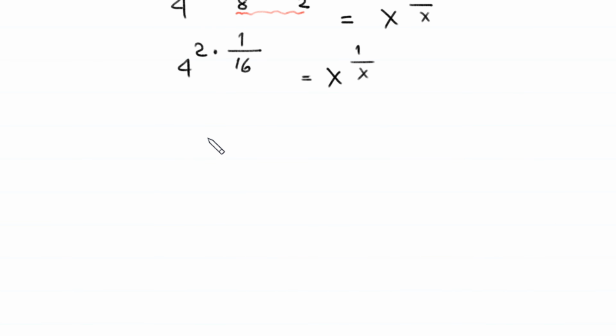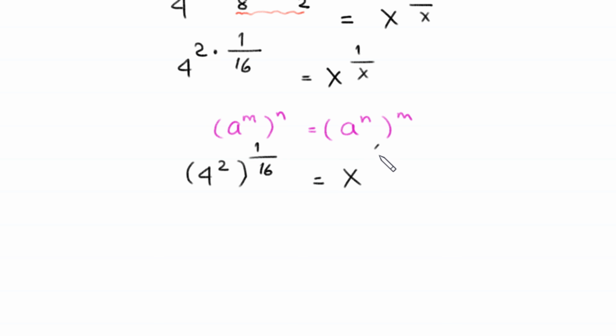Now by using this property of exponents, a to the power m whole to the power n is equal to a to the power n whole to the power m, we can rewrite this expression at the left hand side as 4 squared whole to the power 1 over 16 is equal to x to the power 1 over x. Now this 4 squared will become 16 to the power 1 over 16 is equal to x to the power 1 over x.